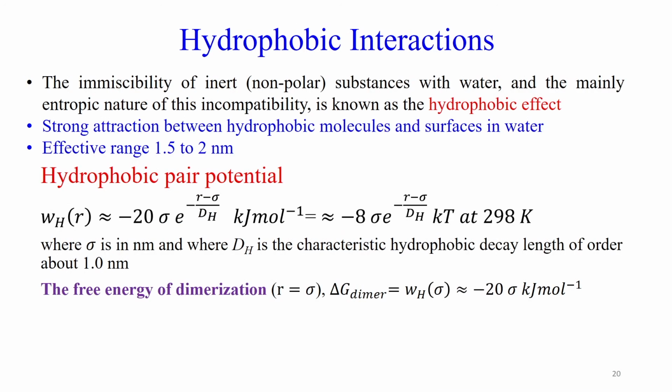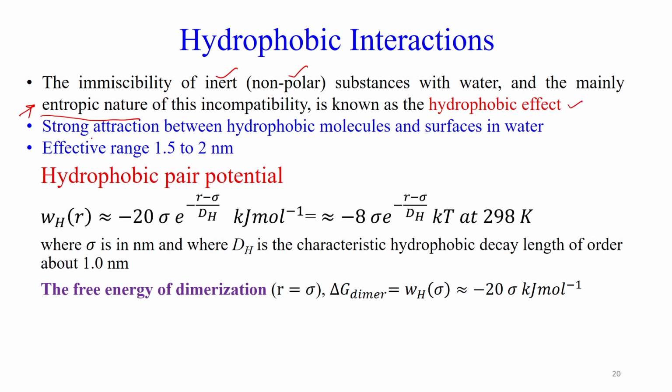Next, we will see the hydrophobic interactions. If you have interaction between water and nonpolar or inert molecules, they are immiscible, and this interaction basically comes through the change in entropy, so it is entropic in nature. As this interaction involves nonpolar molecules, it is known as the hydrophobic effect.